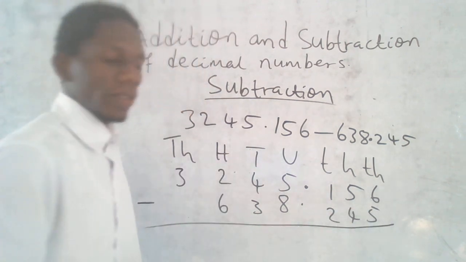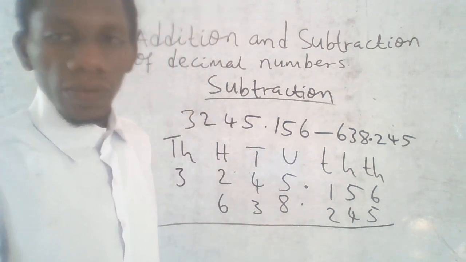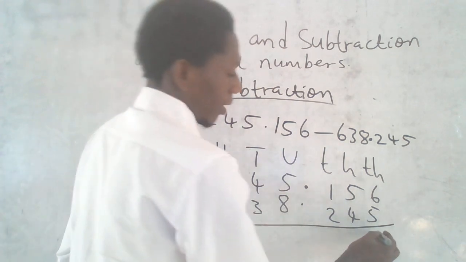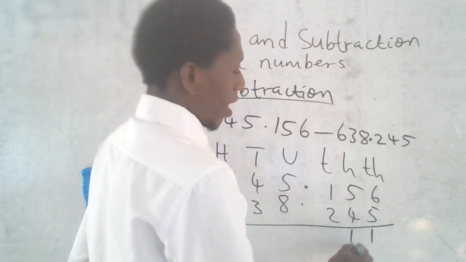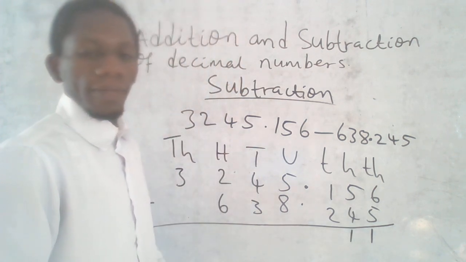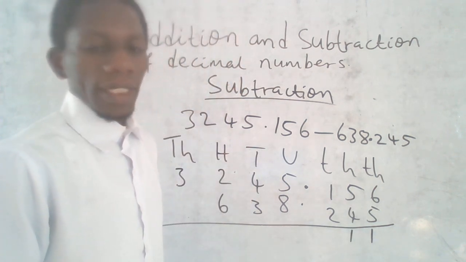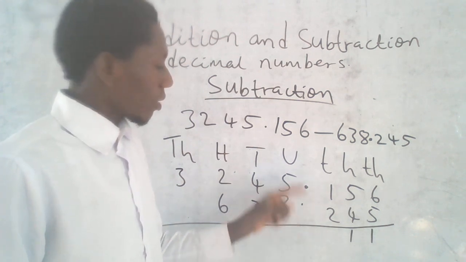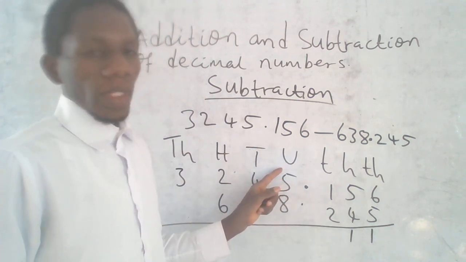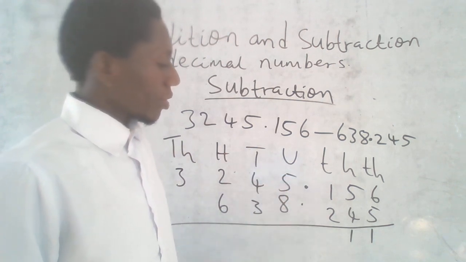6 minus 5 is 1, so I will have 1. 5 minus 4 is also 1. I will have my 1. But 1 minus 2 cannot. So you have to borrow from here. So when you borrow, this 1 becomes 11.